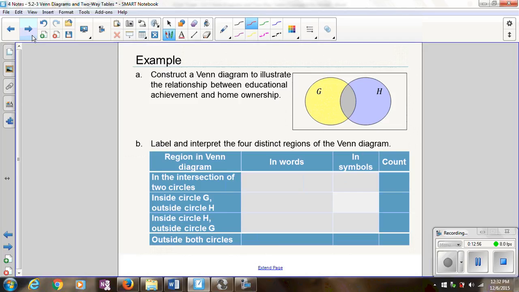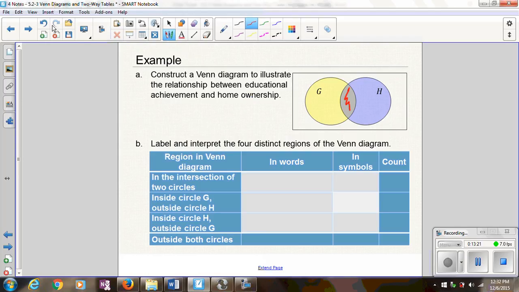If we take a look at the questions, it says to construct a Venn diagram to illustrate the relationship between educational achievement and home ownership. So if I take a look at my G, this would be that they graduated from high school. The overlap would be those that graduated from high school and also own a home.